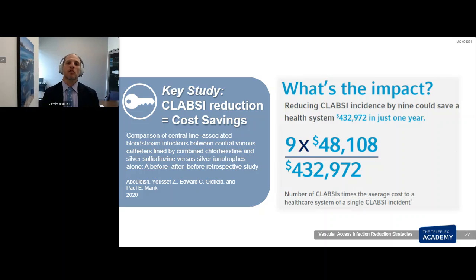So if you're reducing your CLABSI incidence by 9 in a year, the health system could save almost $500,000. That is huge.